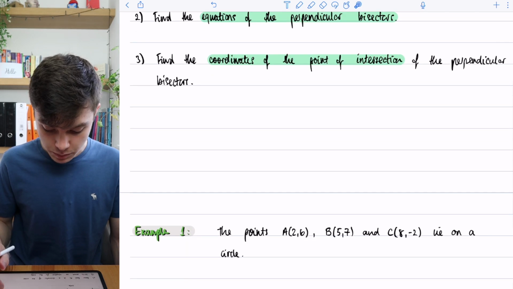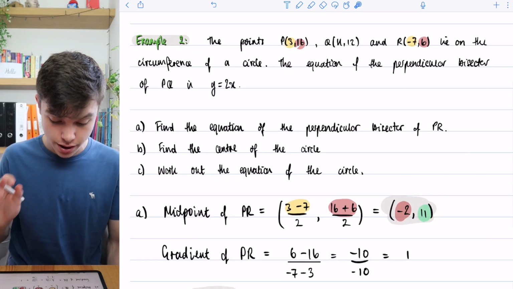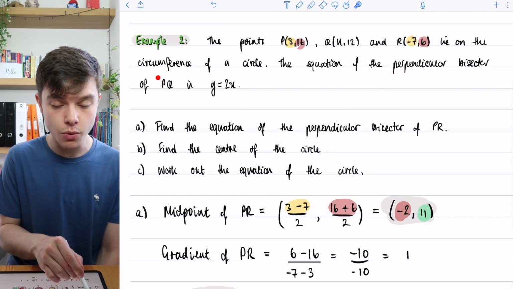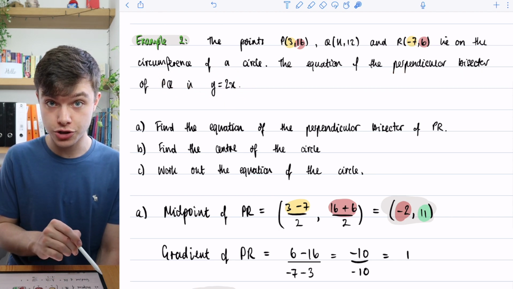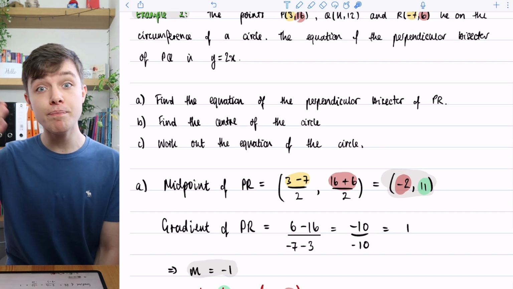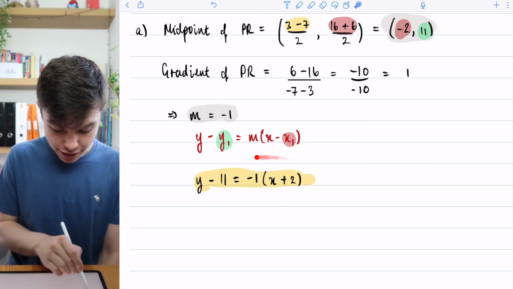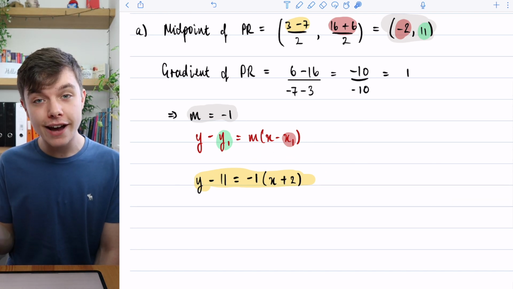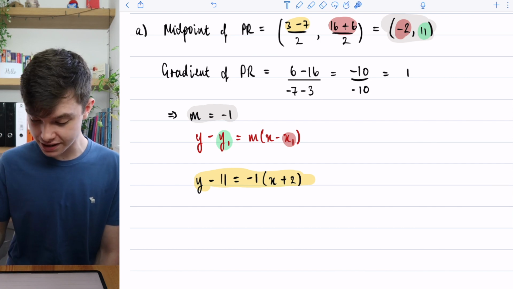Well, what do we have for this question? We have a perpendicular bisector of PQ that has equation y equals 2x, and we've just worked out the perpendicular bisector of PR. We know it has this equation. So the centre of the circle is going to be the intersection of those two bisectors.